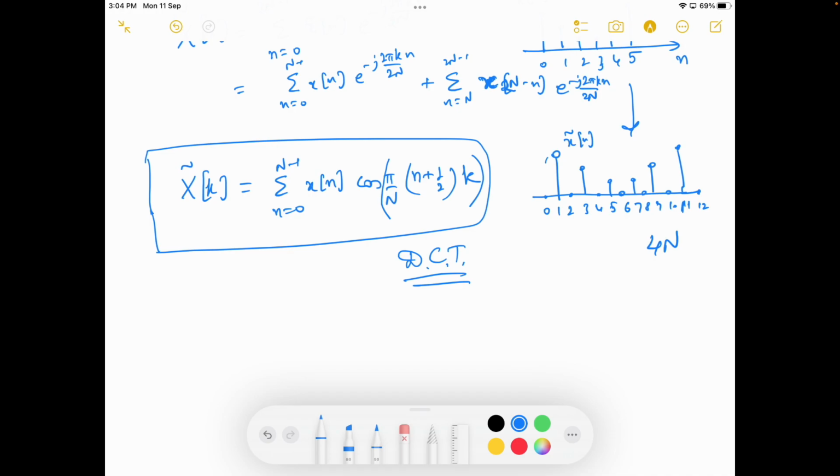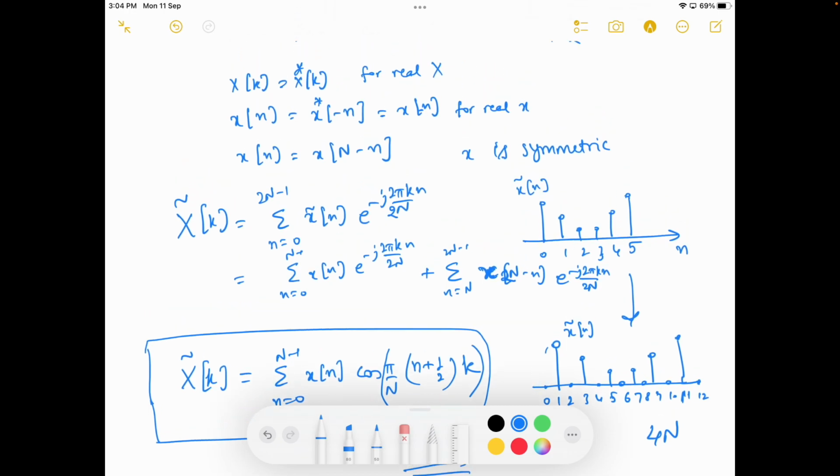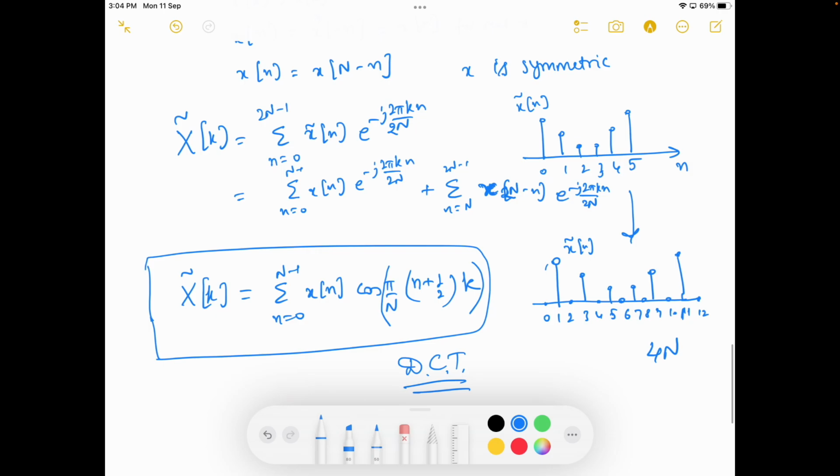There are different kinds of DCT. Some DCTs use this representation. They apply DFT on this and they get a real transformation, and they call it DCT. But the formula is not as clean as this. They will have some x0 into something plus, from n equal to 1 onwards, some kind of expression.